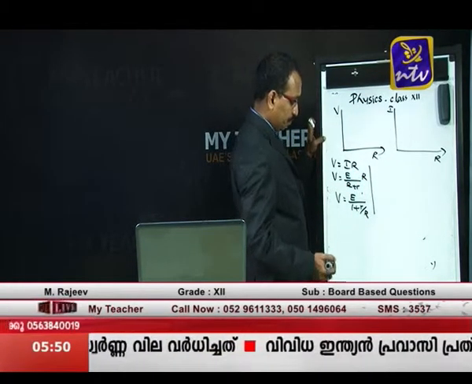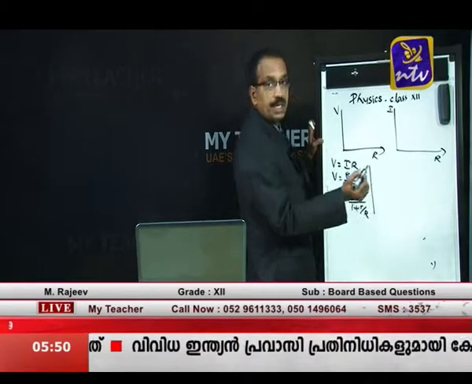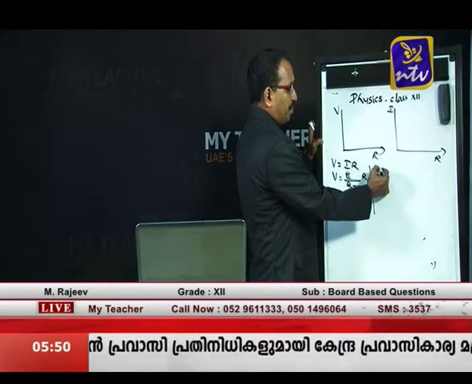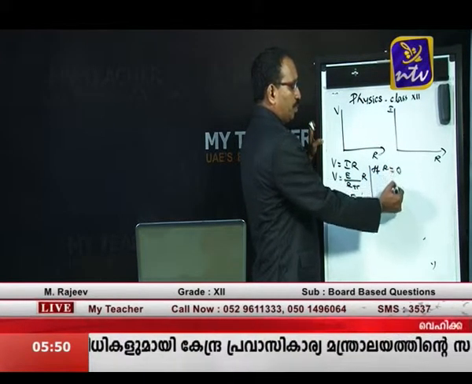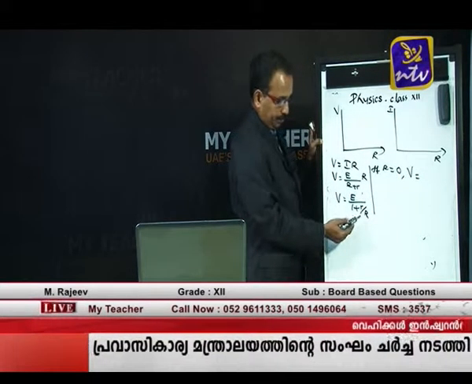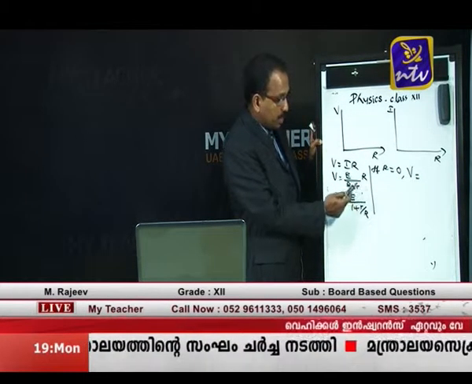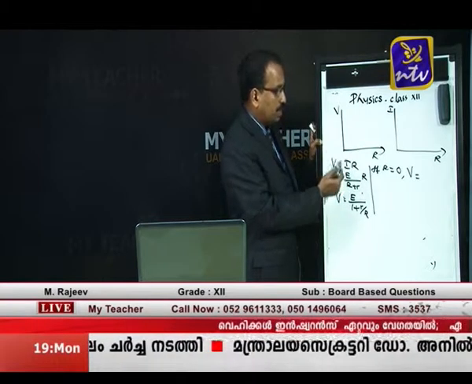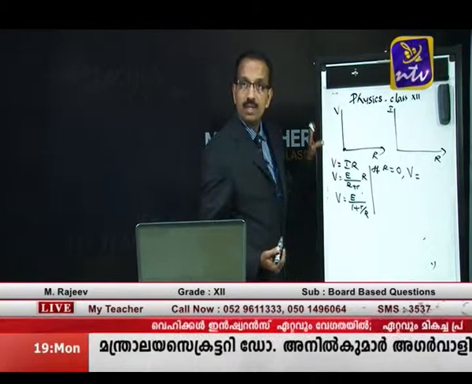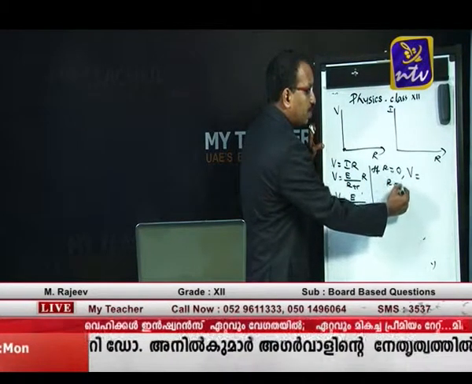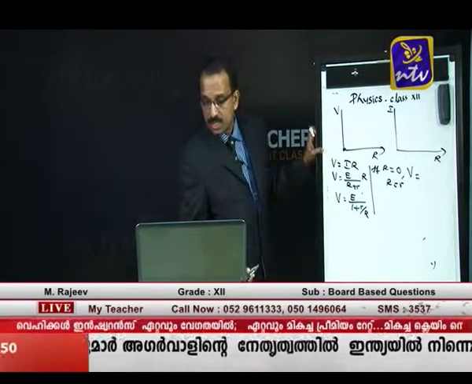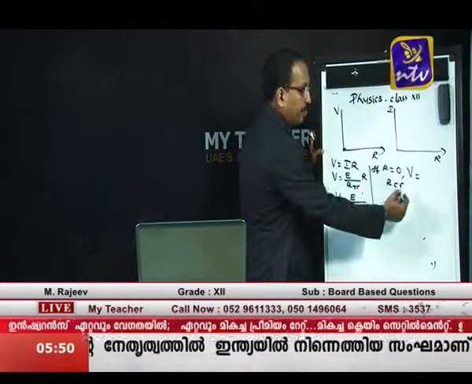So let us take it in this way. If R is equal to 0, what will be V? When R is 0, V is 0. Then if R is equal to small r, meaning the internal resistance, what will be V?